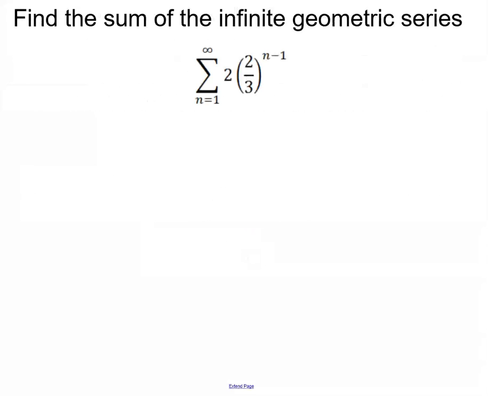So let's take a look at that. Oh, sorry about that. Okay. So here we have 2 times 2/3 to the n minus 1. Again, this is a geometric sequence. You can notice the pattern, that format.